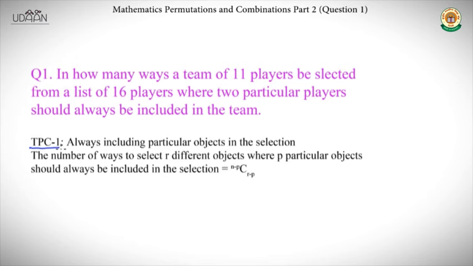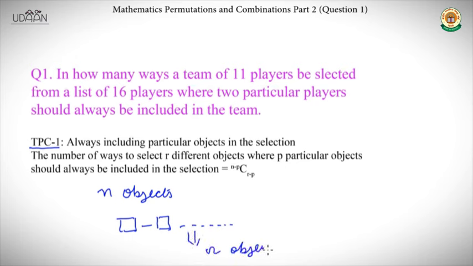TPC1 says, when there's a question which says there are n objects, let's say n boxes, and we have to select r objects from this, with a constraint that there are p particular objects, p boxes, let's say, that are always included. Let's say p1, p2, p3. These are always included.